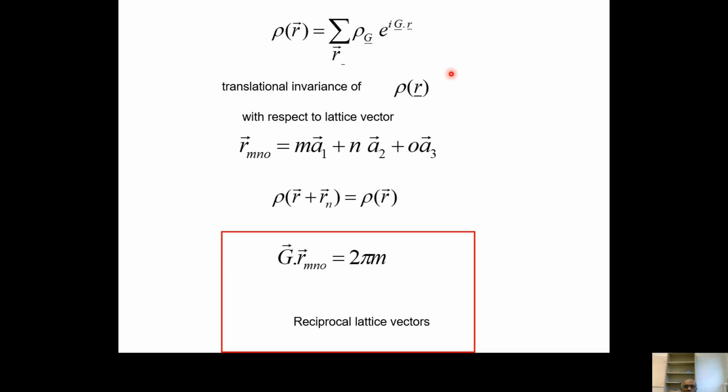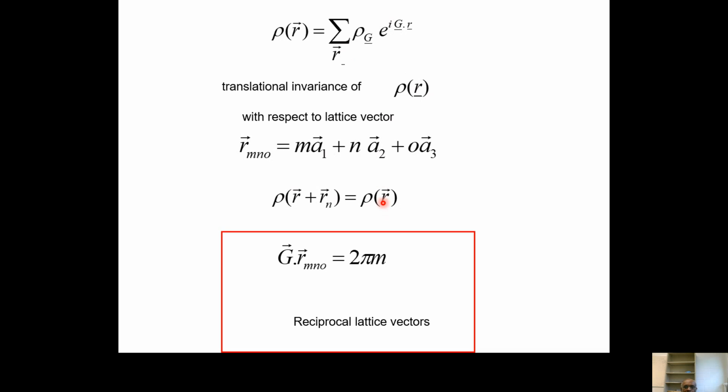It is all because of the translational invariance of rho(r). This is the translational vector in real space. You can write R_mno as m a1 plus n a2 plus o a3, where a1, a2, a3 are the real space primitive vectors, and m, n, o are all integers. This is what the translational invariance means: if you go to any R_mno point by this vector, you have the same charge density.